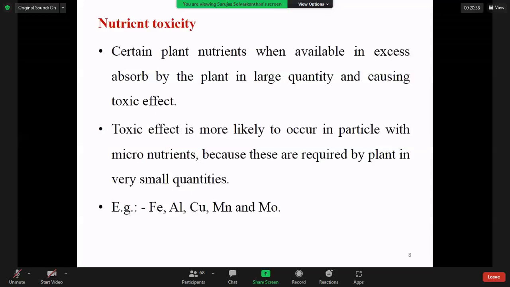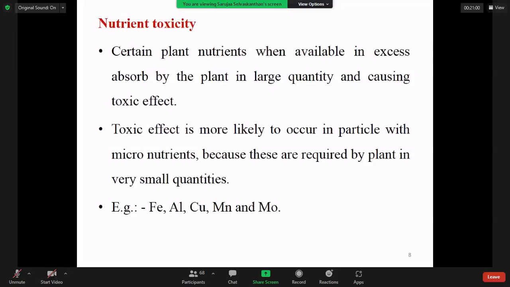A plant needs a certain amount, and if the nutrients are above that, at a high level, that condition is called nutrient toxicity. One boy also said pH. From pH deviations or other management practices, toxicity can occur.